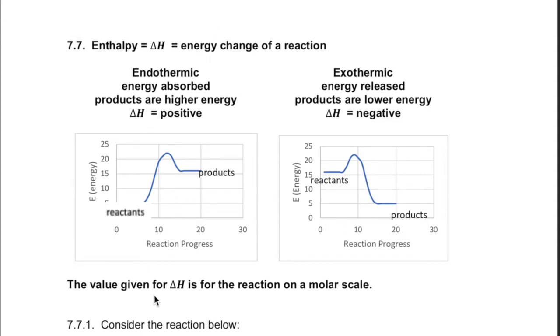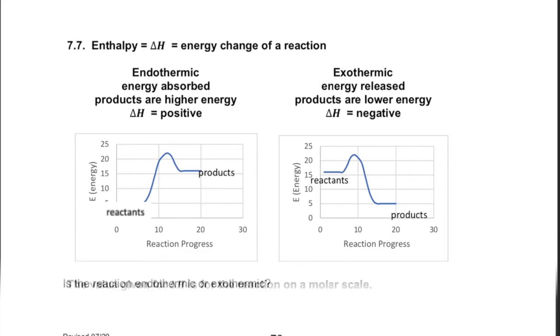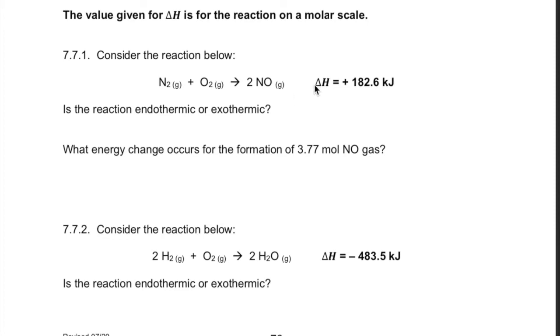In addition to being positive or negative, you might be given an actual numerical value for this delta H, this change in enthalpy. And if you are given a value, then that is for the reaction as shown on a molar scale. So what does that mean, that this energy is given on a molar scale?